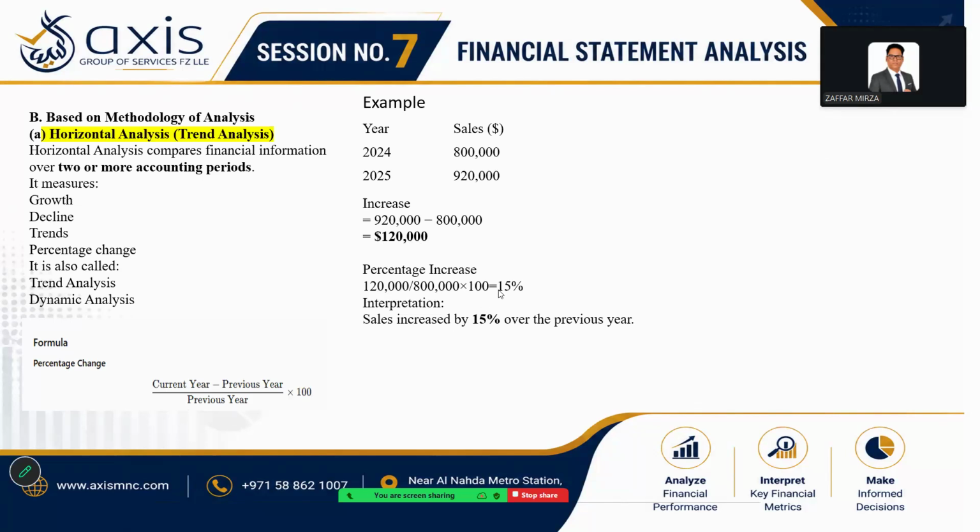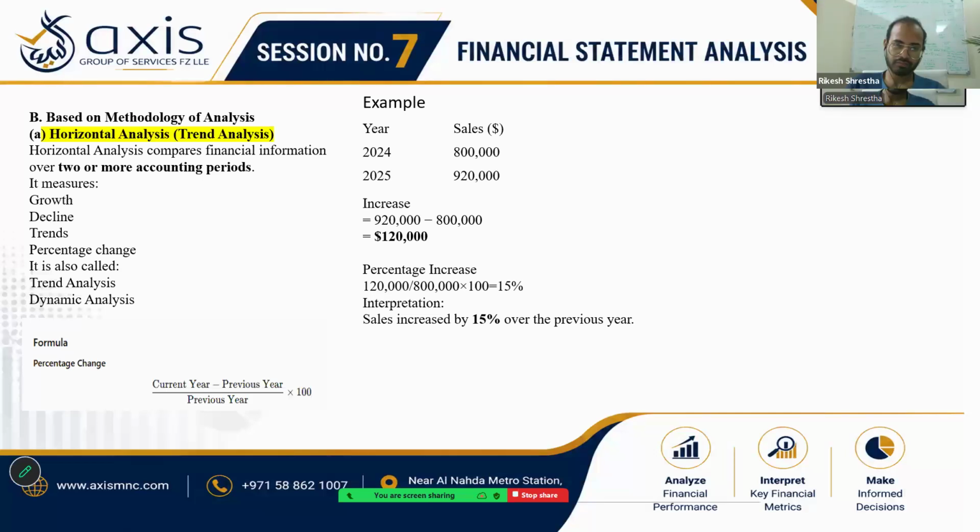How much percentage is sales increased? 15% over the previous year. Compared to last year, sales increased by 15%. How did we calculate? Very simple: current year minus previous year divided by the previous year multiplied by 100.